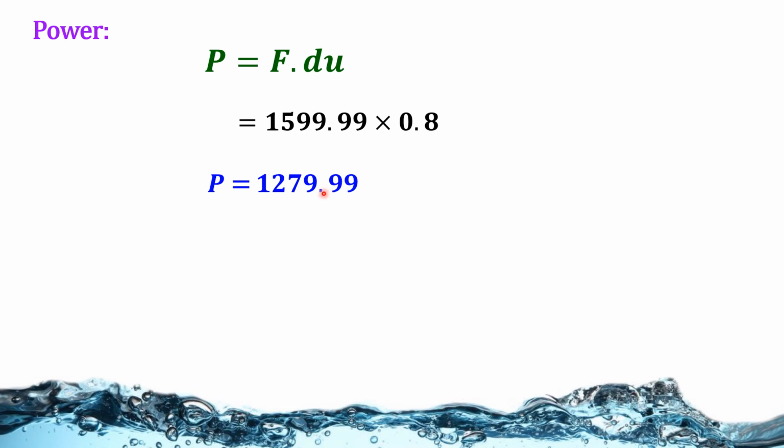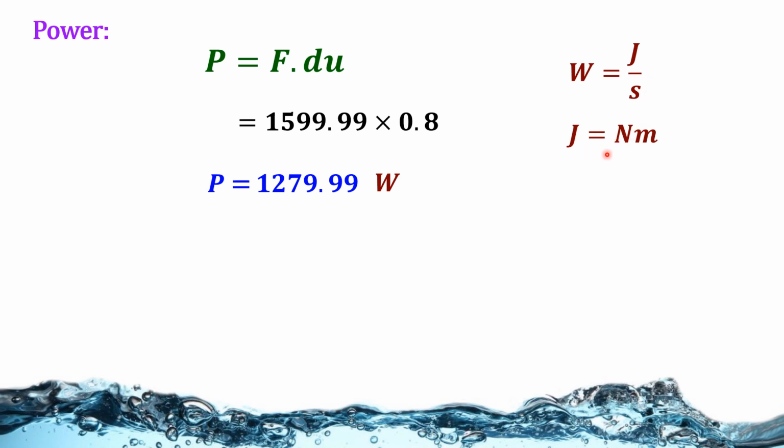Last step, power. Power P is equal to F into du. We have already calculated the force value as 1599.99 and the change in velocity du is given in the problem as 0.8. Substituting, we get P is equal to 1279.99 watts. Unit conversion. Watt is equal to joules per second.